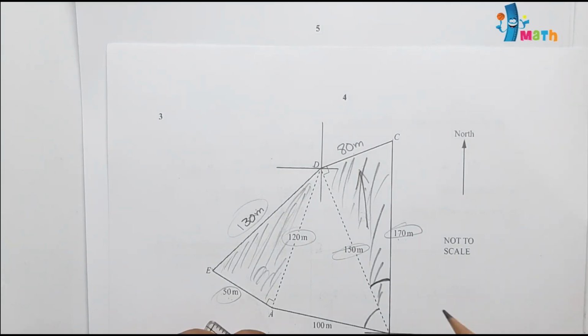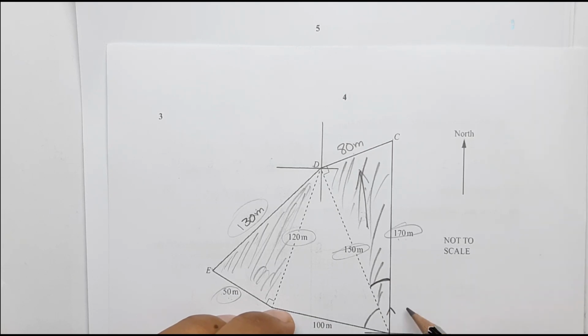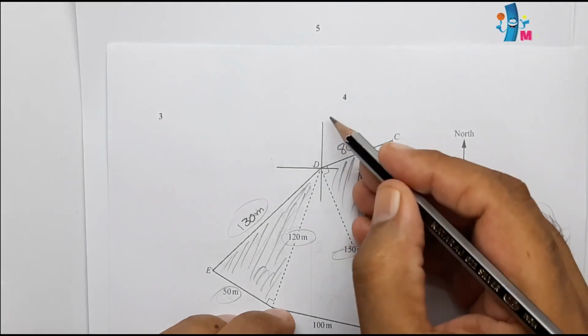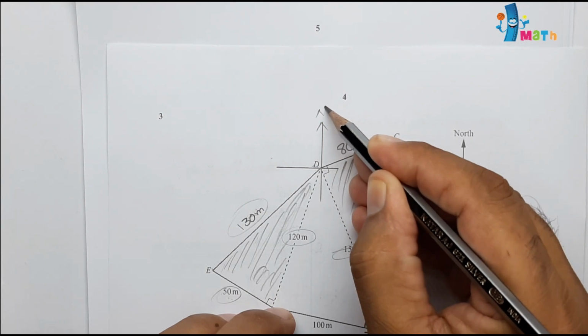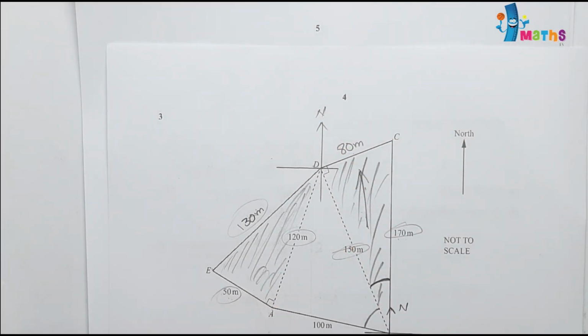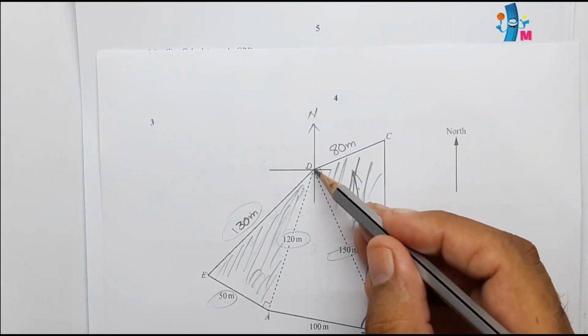So this is our north south direction. This will be north, and over here this will be north. So we require the bearing of D from B.